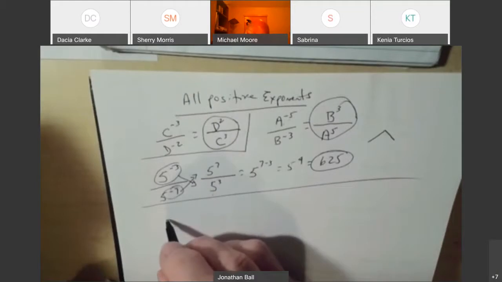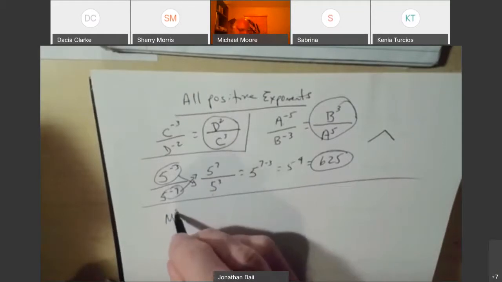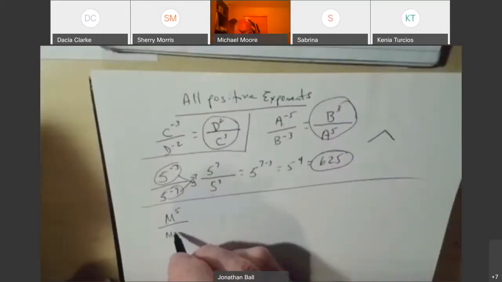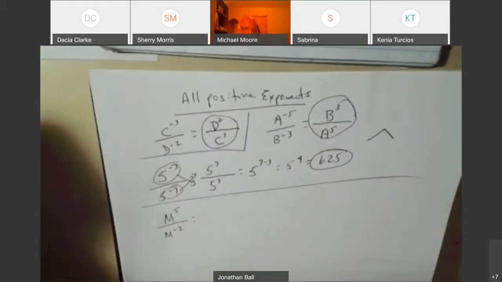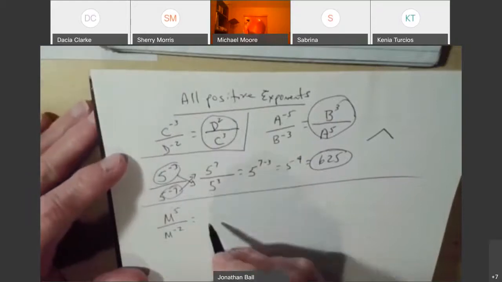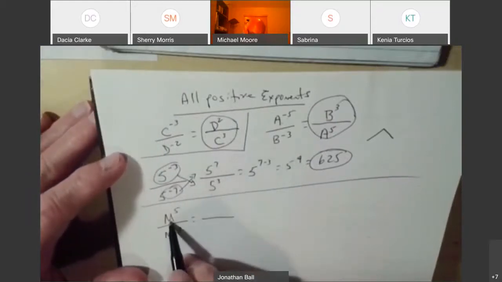Okay, what if we have this? M to the 5th divided by m to the minus 2. Draw the fraction bar. Where does m to the 5th go? It's positive, so it stays.